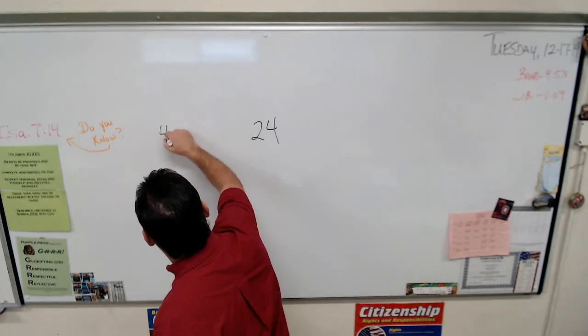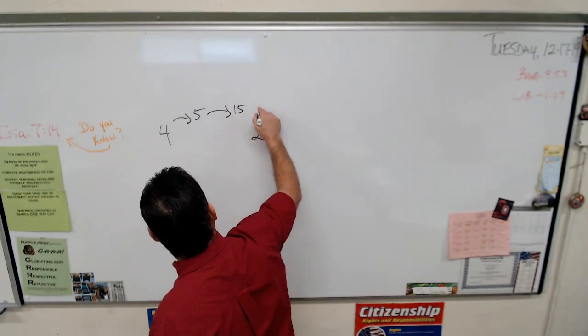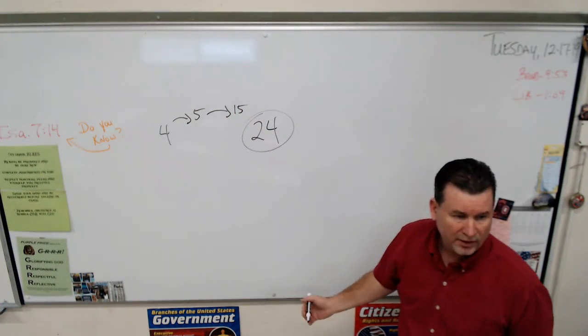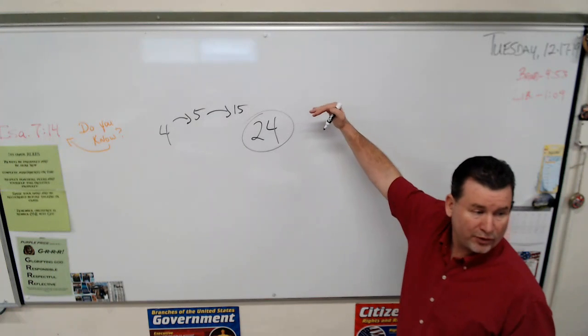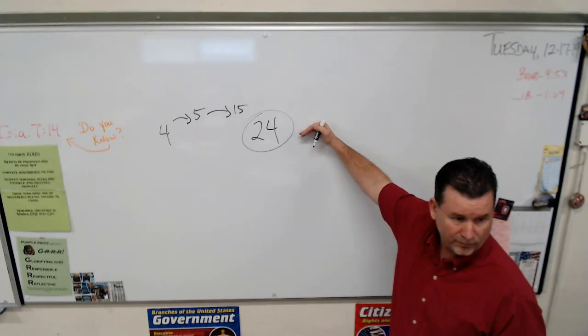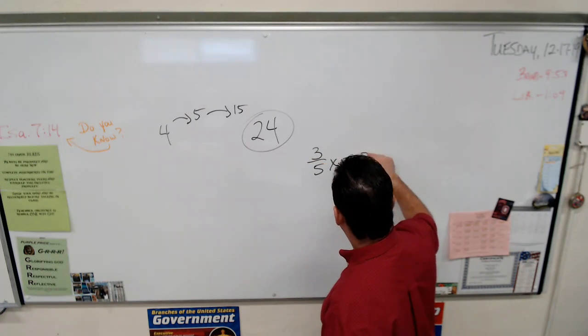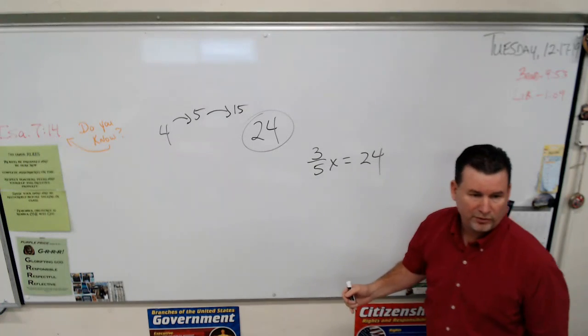You had 4 left. You gave back the 5. You gave back the 15. You're sitting at 24. They told you that you used 3/5 of your total to get 24. So in other words, 3/5 of something is 24. Chew on that for a second.